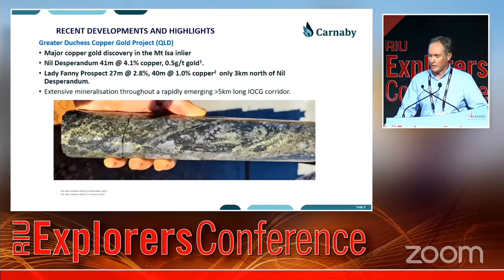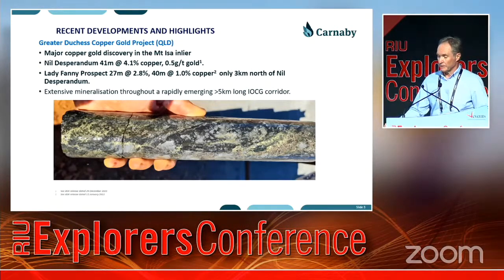We've had a fair bit of press with our Greater Duchess Copper Project, where just before Christmas we announced a major copper gold discovery at the Nil Desperandum prospect, where we intersected 41 metres at 4.1% copper. This was soon after we announced results from what we see as almost as good a project, 3 kilometres north at Lady Fanny, where we intersected 27 metres at 2.8, 40 metres at 1.